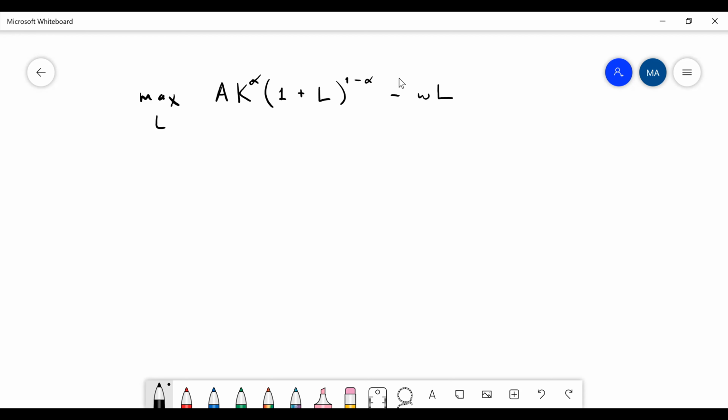In this problem, alpha is between 0 and 1, A is greater than 0, which is exogenously given. This is a productivity term. K is also exogenously given. This is the capital stock of the workshop.